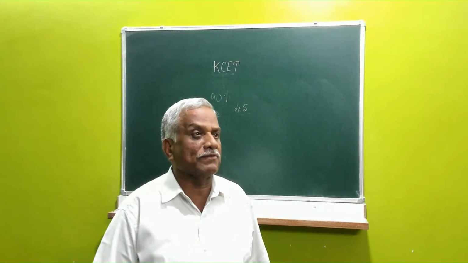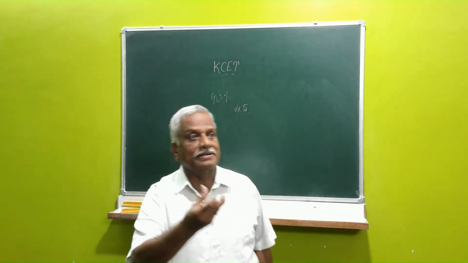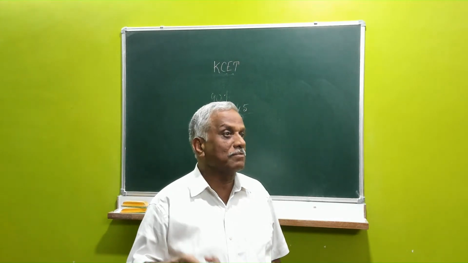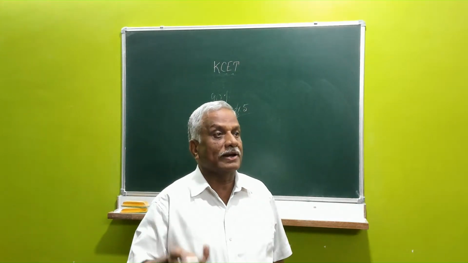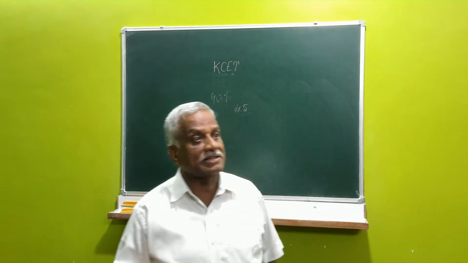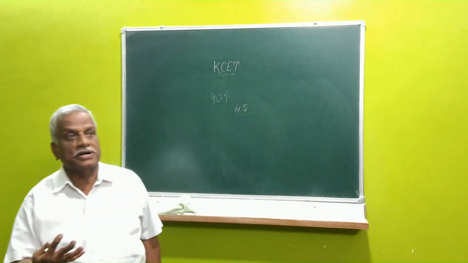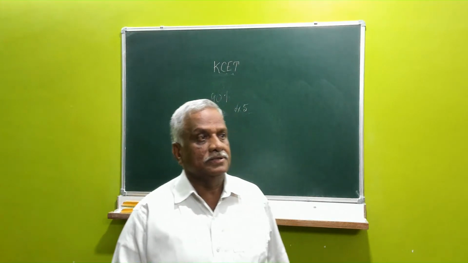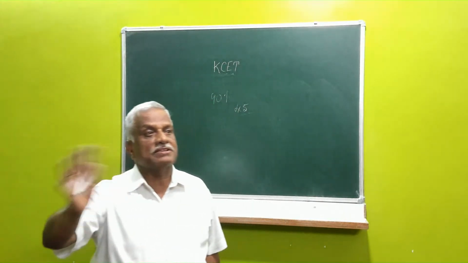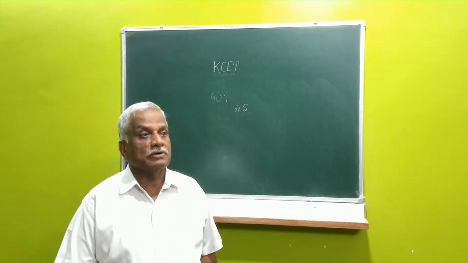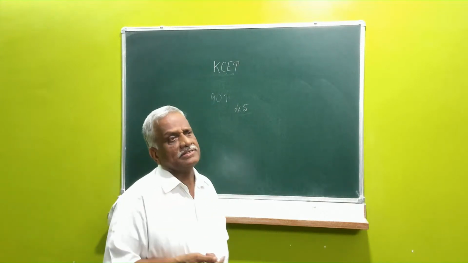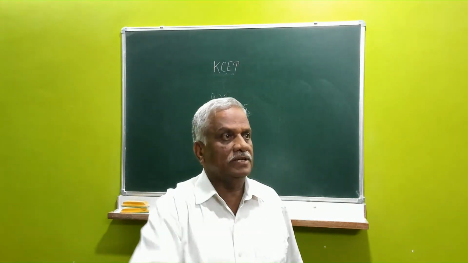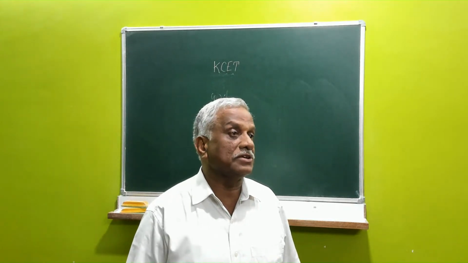Normally, a student who gets 45 in mathematics will definitely get more than that in physics and chemistry, because the students who are good in mathematics are automatically good in algebra. Normally, there may be exceptions, but the majority of the students who are good in mathematics will be good in other subjects. So even if they get 45 in physics and chemistry, the total is 135, they will get a very good rank, and they can get a good seat in a good engineering college.